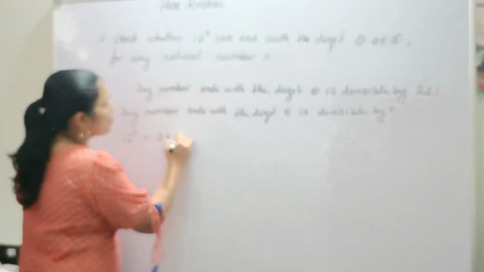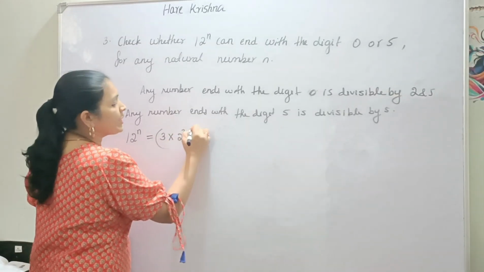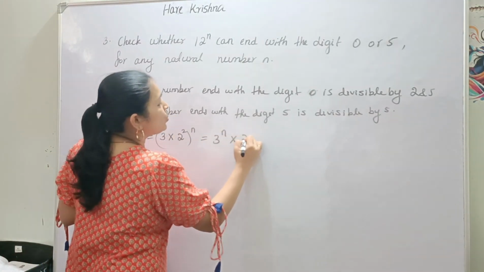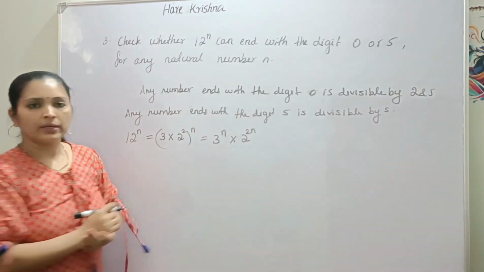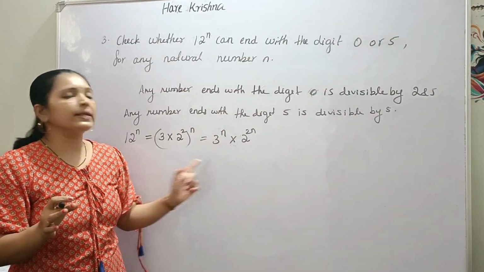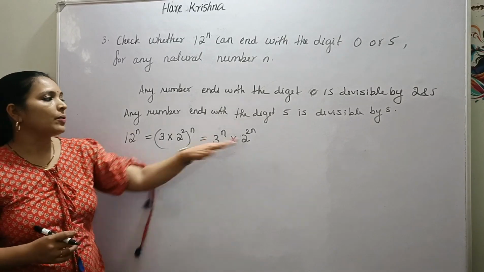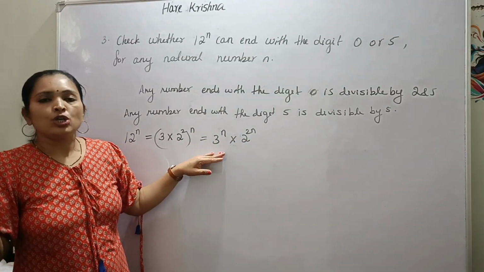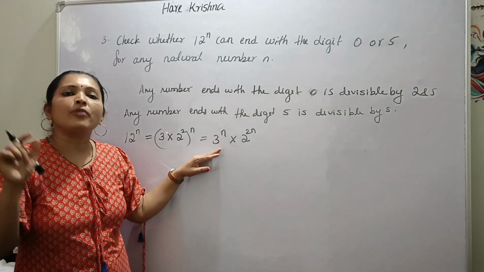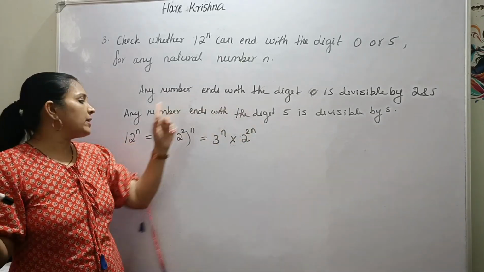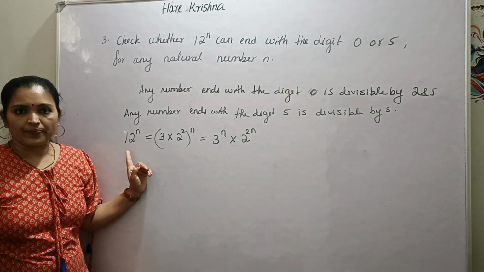So 12 raised to n is (3 into 2 square) whole raised to n, that is 3 raised to n into 2 raised to 2n. So the only prime factors are 2 and 3. There is no 5. So by the fundamental theorem of arithmetic, there are no other prime factors in the factorization of 12 raised to n.